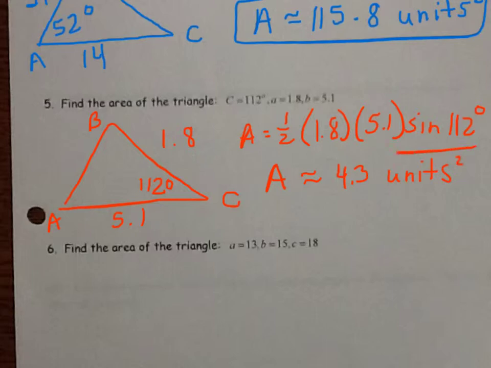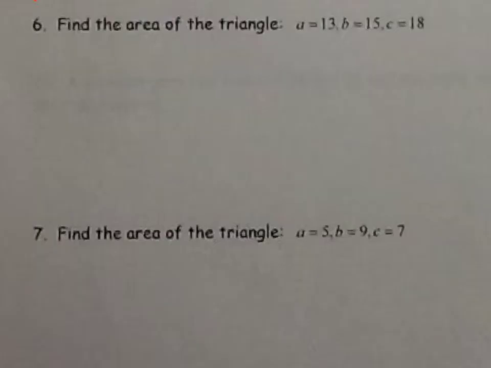There's quite a few problems like that to try in the homework on this section. And as long as you have one of each letter, an A, a B, and a C, you can use this formula. Now let's look at one where you're given all three sides. Again, you probably don't have to draw this out, but I will, so I can talk about the semi-perimeter on this one. A, B, C, little a, little b, little c.